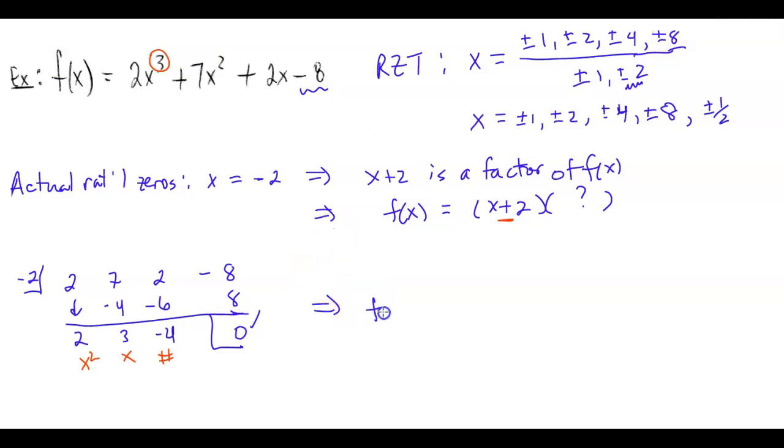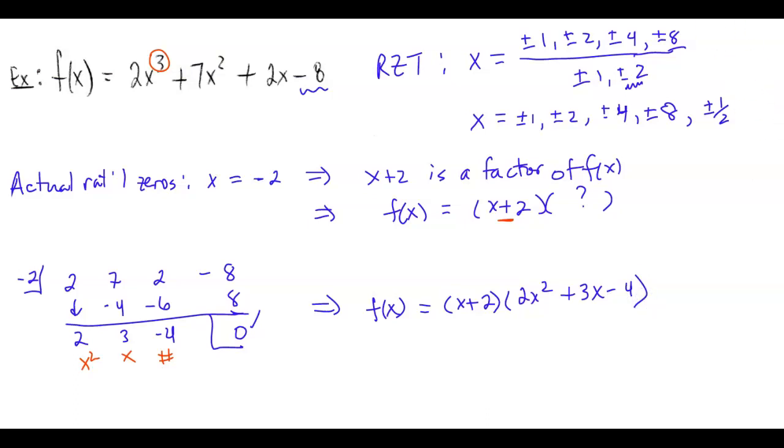And so this shows us here that f of x is just going to equal x plus 2 times, and then this will be 2x squared plus 3x minus 4.